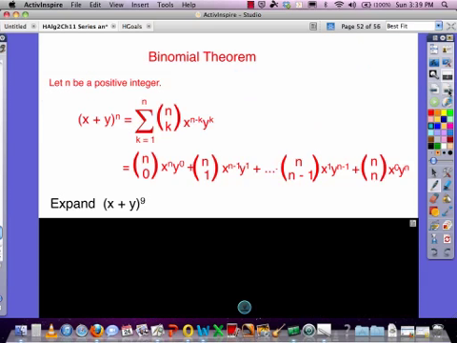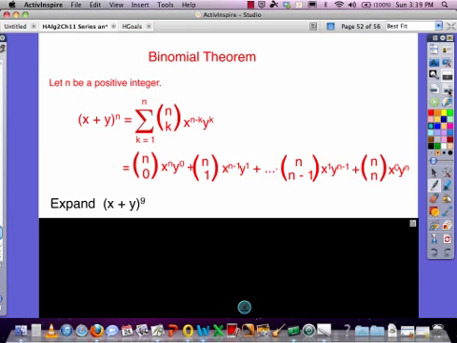The binomial theorem says, let n be a positive integer. So we don't care what power you're going to take it to, but it has to be an integer, it has to be positive. So the summation of all the terms in this sequence goes from 0 to n.